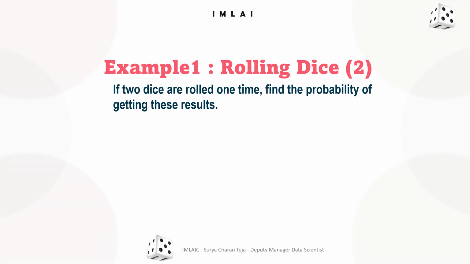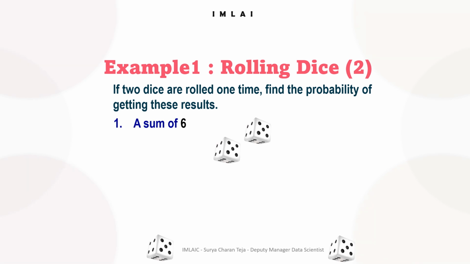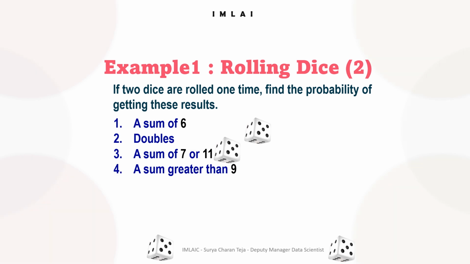If two dice are rolled, not a single dice, two dice, one time, find the probability of getting the following. First, a sum of 6, then doubles, then a sum of 7 or 11, then a sum greater than 9.